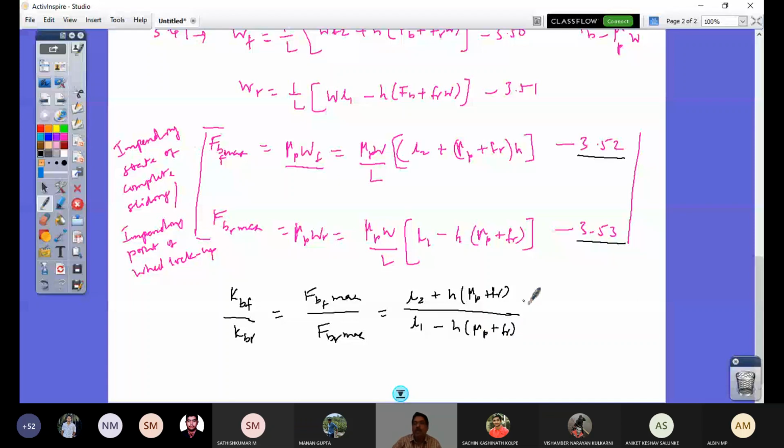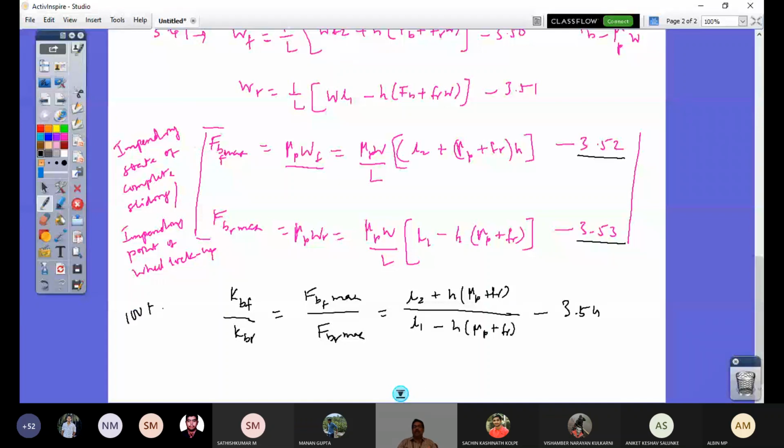Let's call this expression 3.54. This expression gives you the ratio of the proportion of braking force in the front axle and the rear axle from the total brake force, right? So if the total braking force is 100%, what should be of this and what should be of this will be found out from this expression.